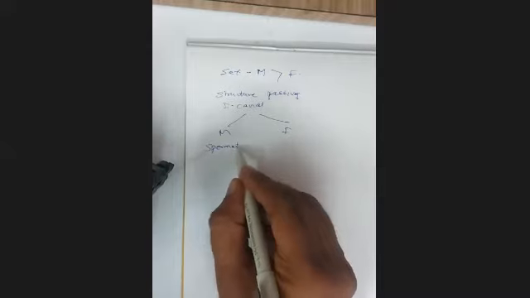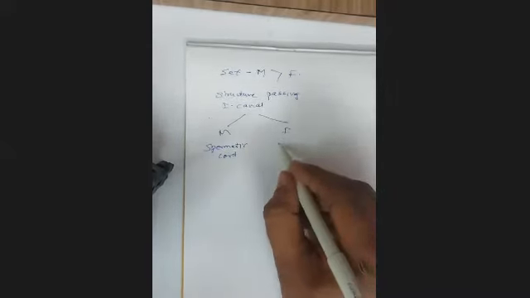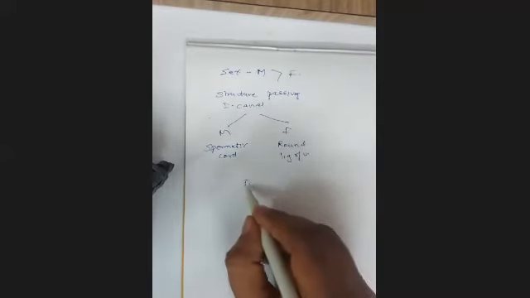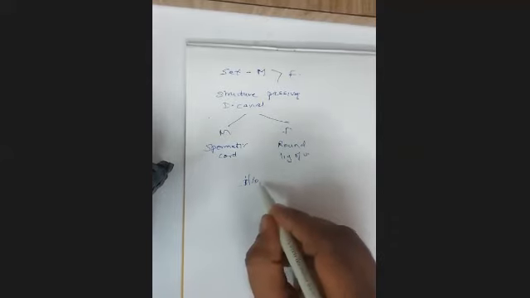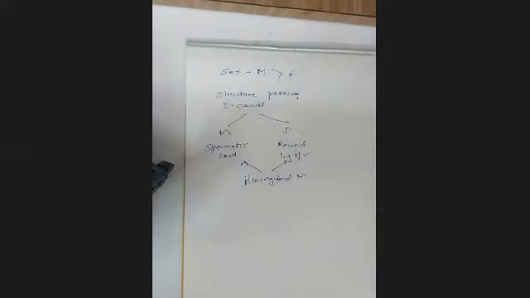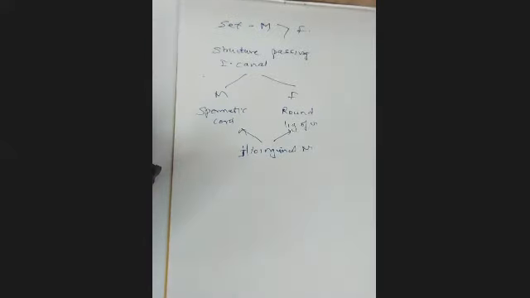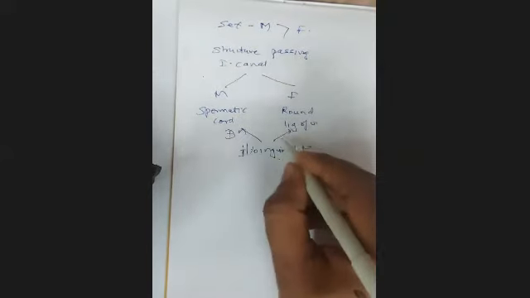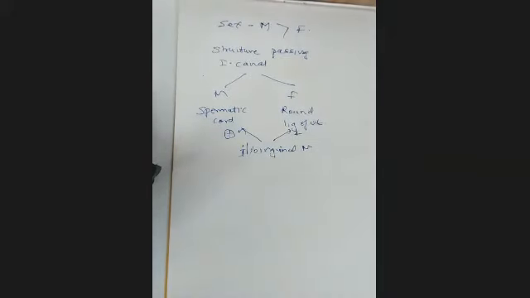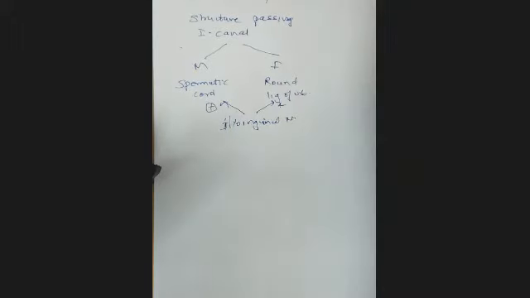In males, it is the spermatic cord, and in females, it is the round ligament of the uterus. And the ilioinguinal nerve is there in both the sexes, males as well as females. So the content is the spermatic cord in males, the round ligament of the uterus in females, and in both sexes there is the ilioinguinal nerve. Now we move on to the males.